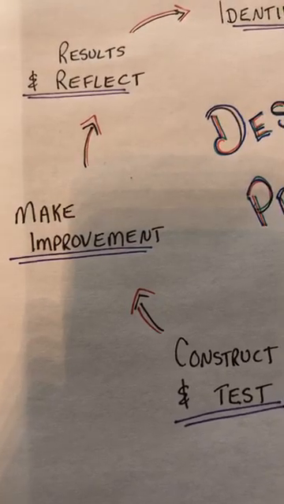Like iPhone 1, iPhone 2, iPhone 3, and so on, up to iPhone 10 quintillion and 2. Even with our electronics, people are constantly improving it.